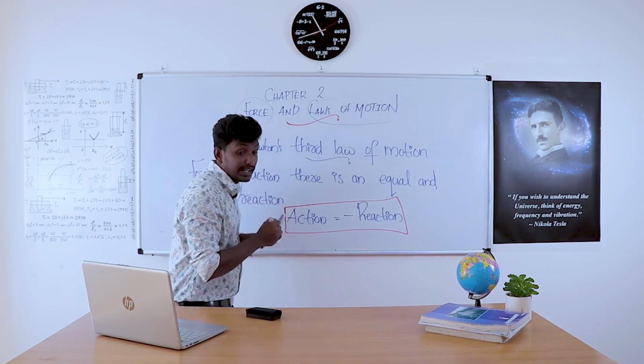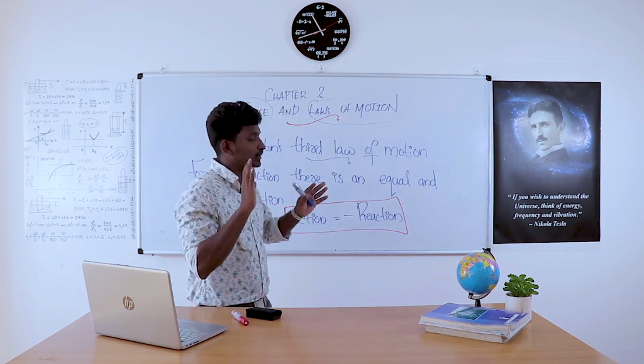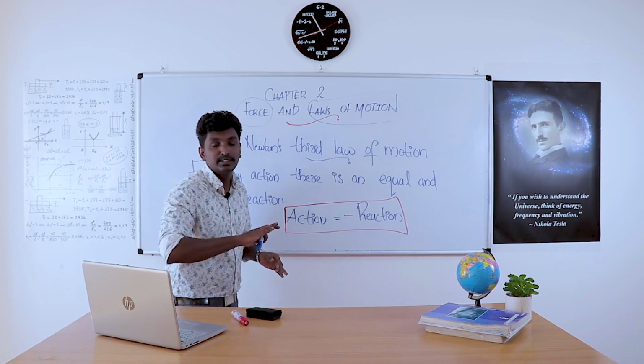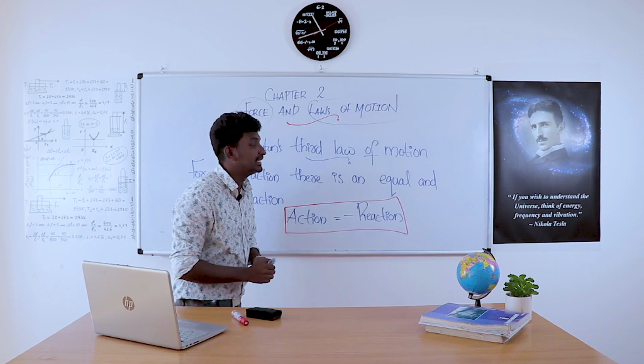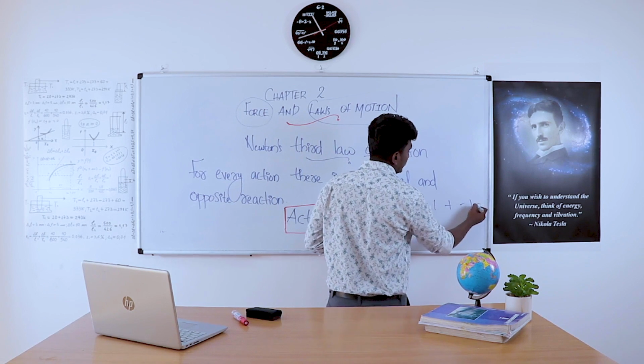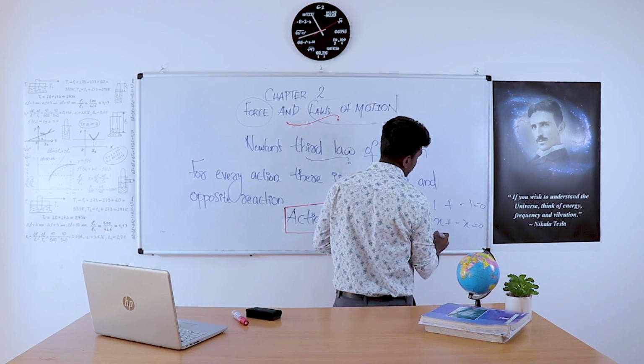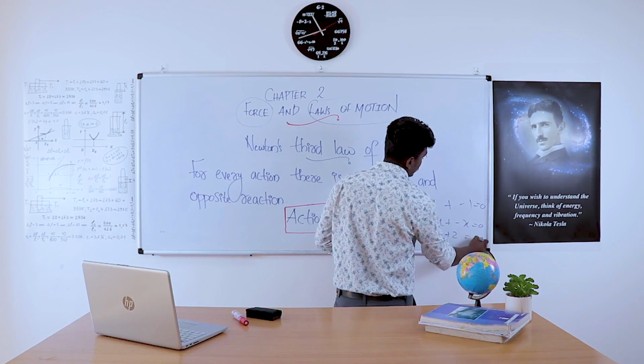Now a question arises in your mind. You all know that terms which are equal and opposite cancel each other. Simply, 1 plus minus 1 equals 0. x plus minus x equals 0. Minus 2 plus 2 equals 0.